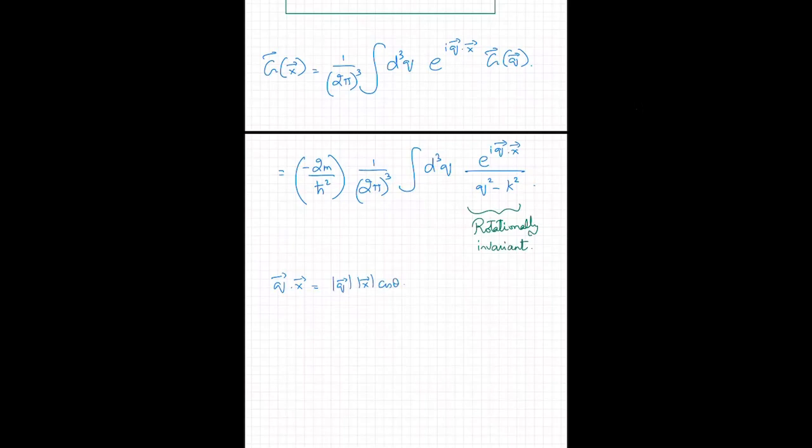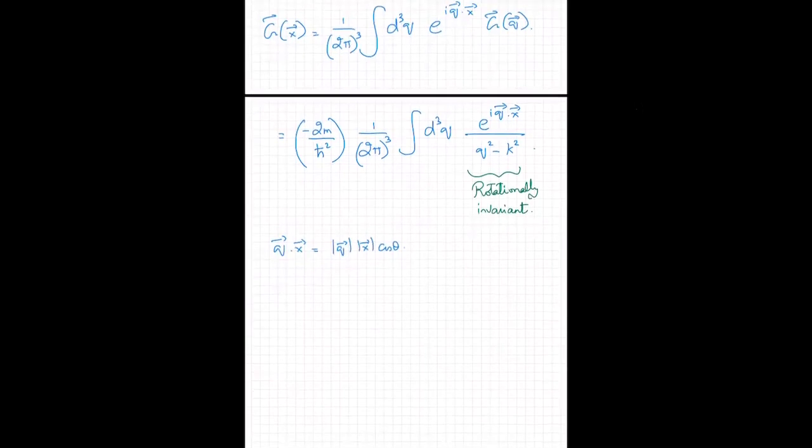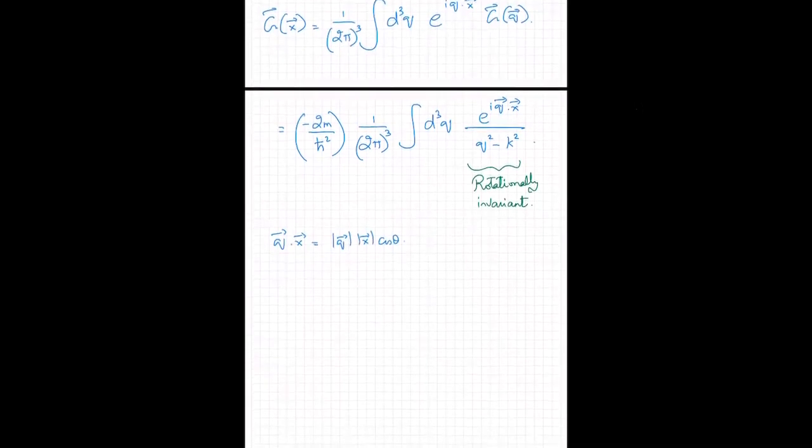Okay, so this can always be done because there is no explicit dependence on angles in the integrand. So remember that there is no phi anywhere. So integration d phi is simply going to give me a factor of 2 pi. So if I account for the factor of 2 pi, 1 over 2 pi cube, and there is going to be a factor of 2 pi, and then there's going to be a q square dq from 0 to infinity integration.